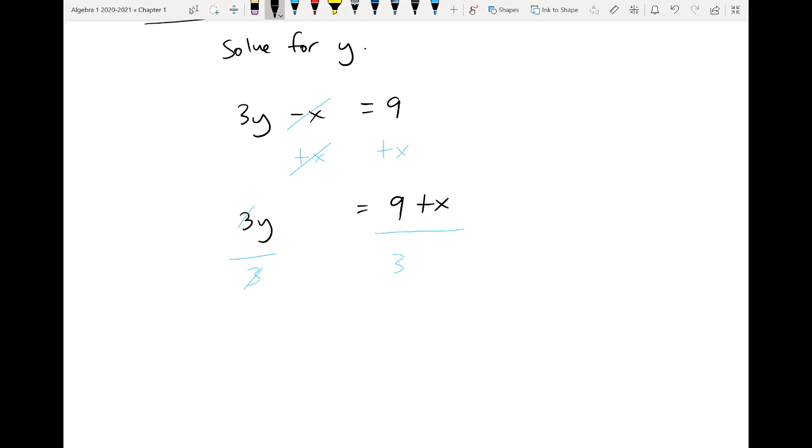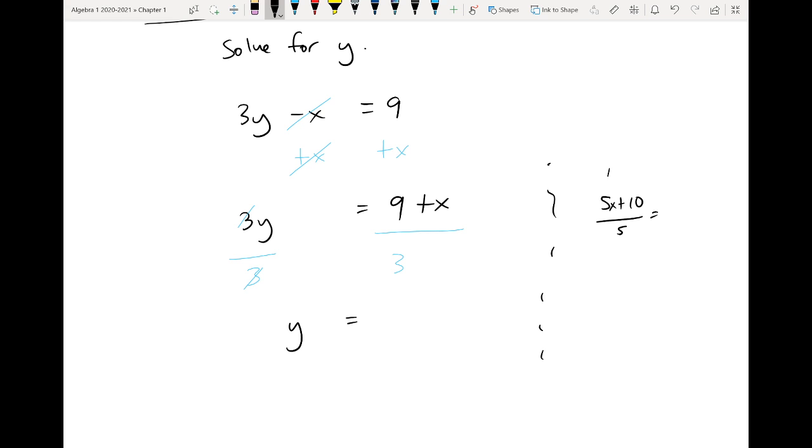And now y is equal to, and here's where some students are going to make a mistake. They're going to write, oh, it's 3x plus, it's going to be 9 divided by 3 plus x, and that is incorrect. Gentlemen, sidebar, remember, you can't do that. If I have 5x plus 10 over 5, I can actually divide both of those terms.